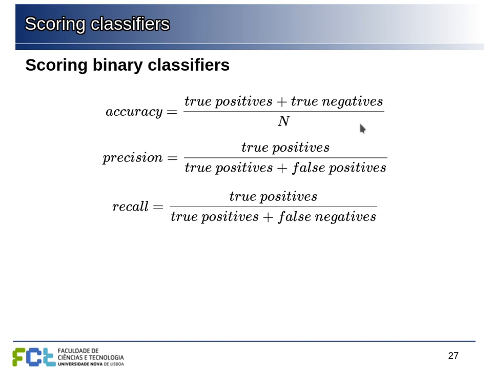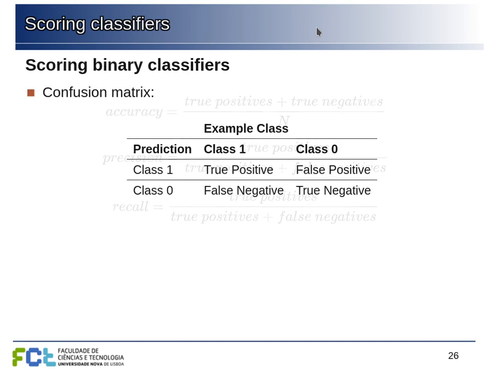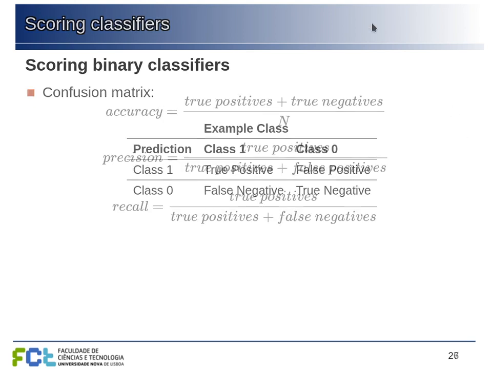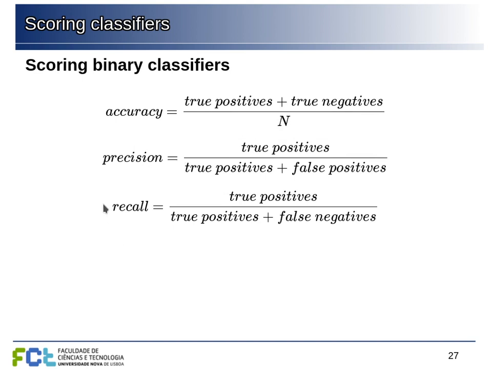Now, there is a difference sometimes in whether we want to find all the positive cases, or we want to be very confident when our model says something is positive. And this can be measured differently with precision and recall.